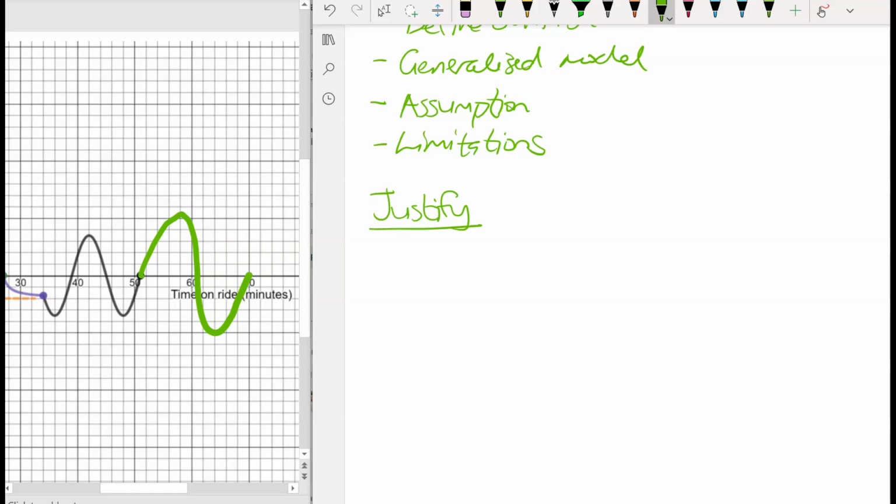So what this means is we need to think of all the types of models that we could have used, and we need to explain why we chose or didn't choose to use them. So let's write these all down.